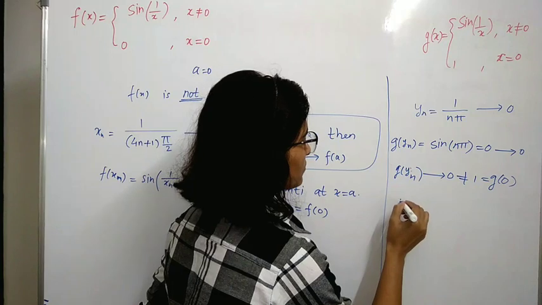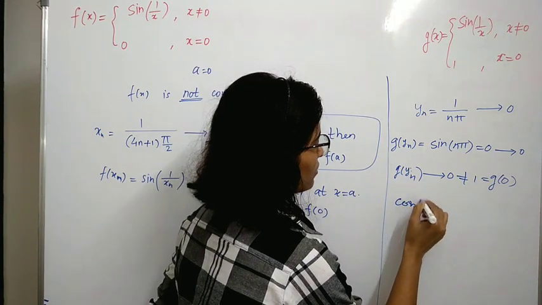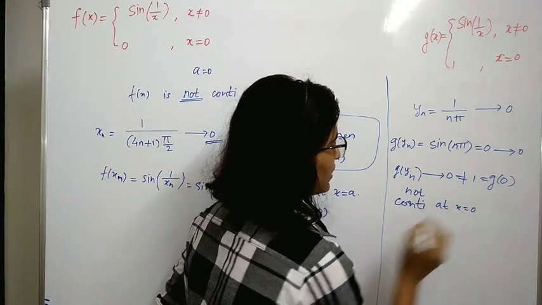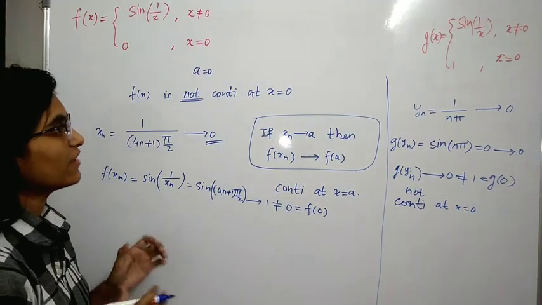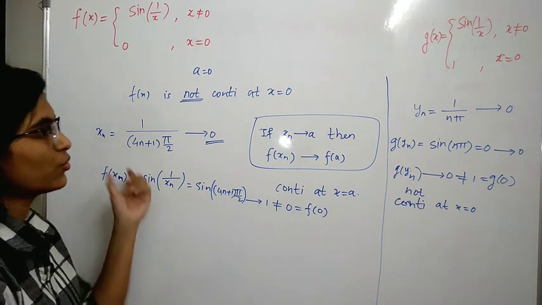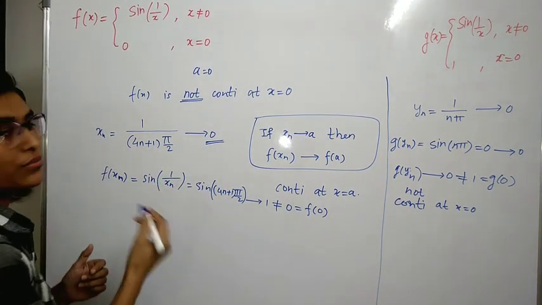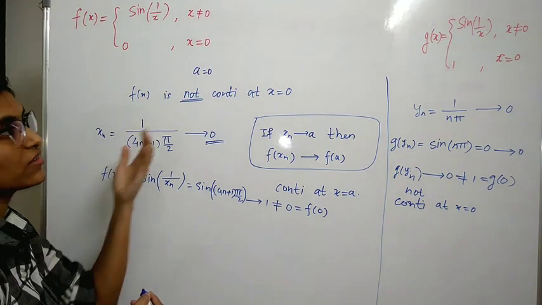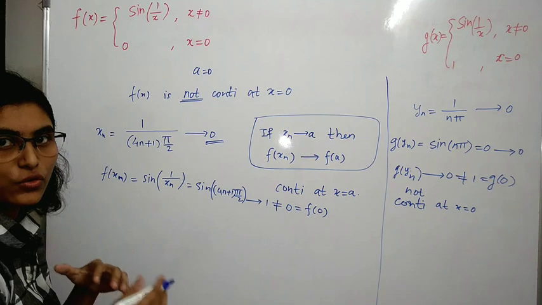That means it is not continuous at x is equal to 0. So this function sine of 1 by x is not continuous at x is equal to 0 in both cases. Even if you take any value for x is equal to 0, this function is still not continuous at x is equal to 0.